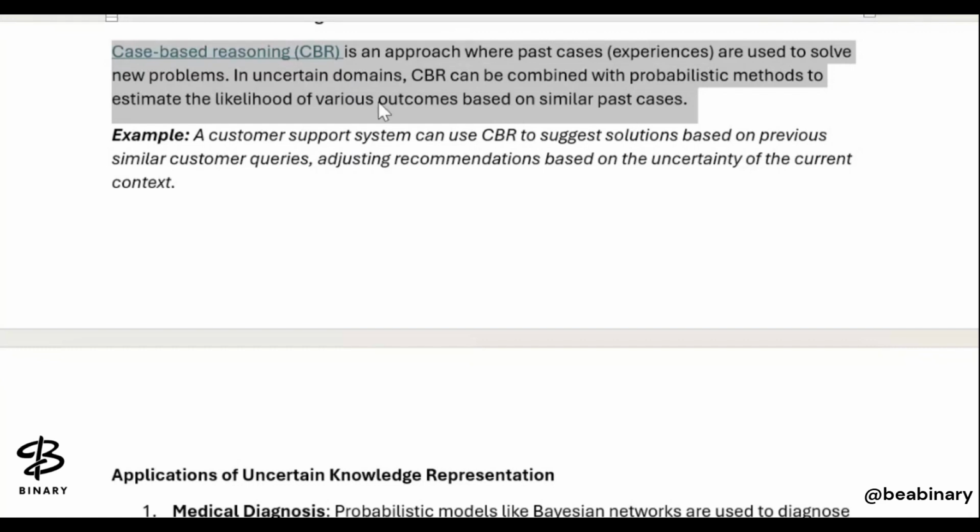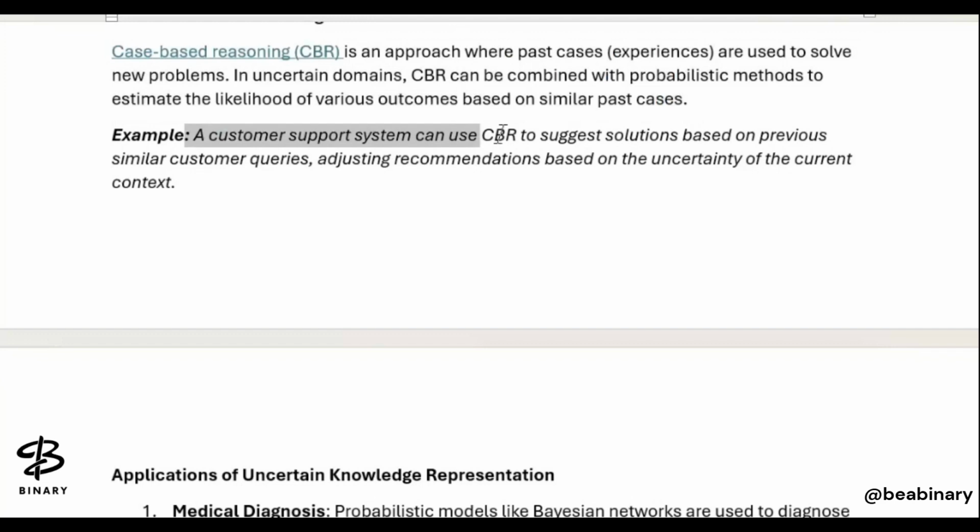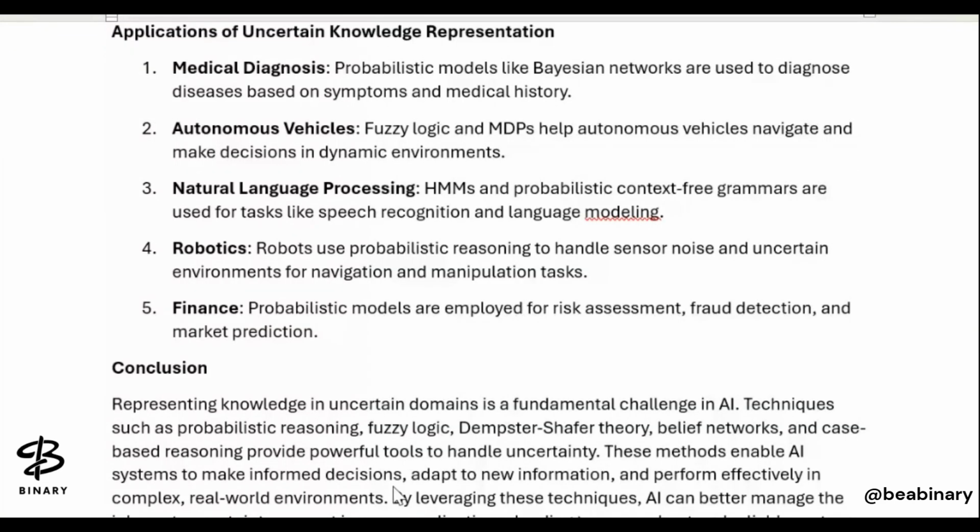Here we are taking an example. A customer support system can use case-based reasoning to suggest solutions based on previous similar customer queries, adjusting the recommendations.